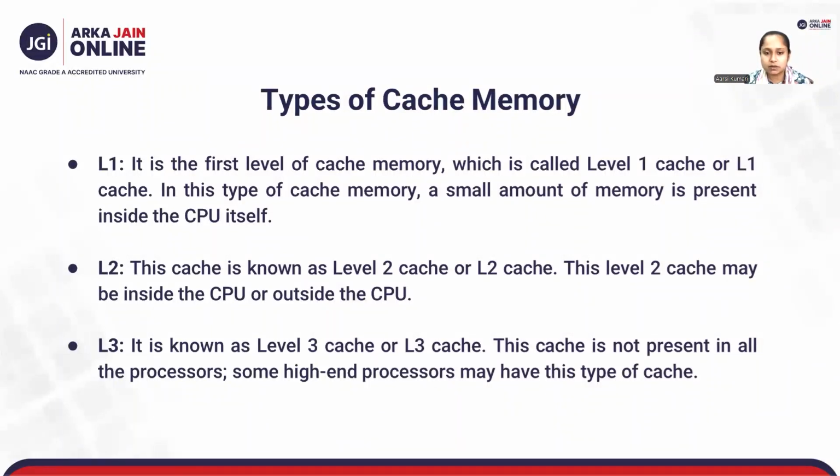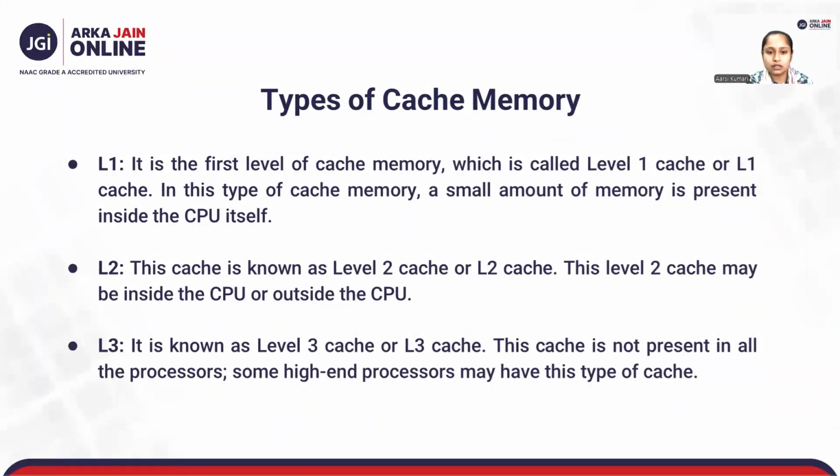As this memory is present in the CPU, it can work at the same speed as the CPU. The size of this memory ranges from 2 KB to 64 KB. The L1 cache further has two types of caches: the instruction cache, which stores instructions required by the CPU, and the data cache, which stores the data required by the CPU.